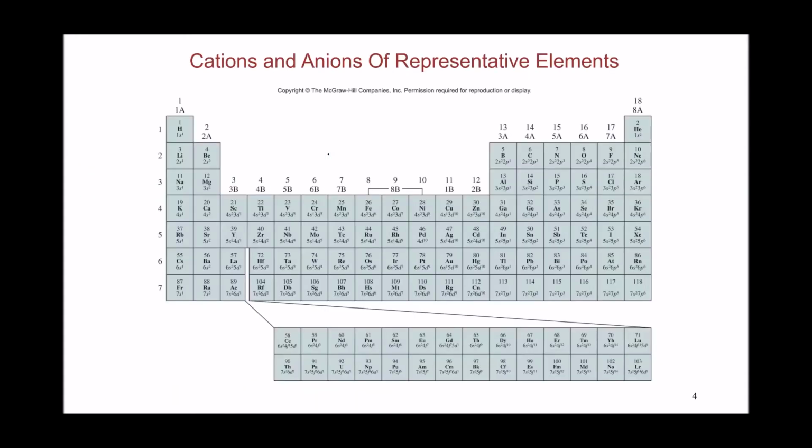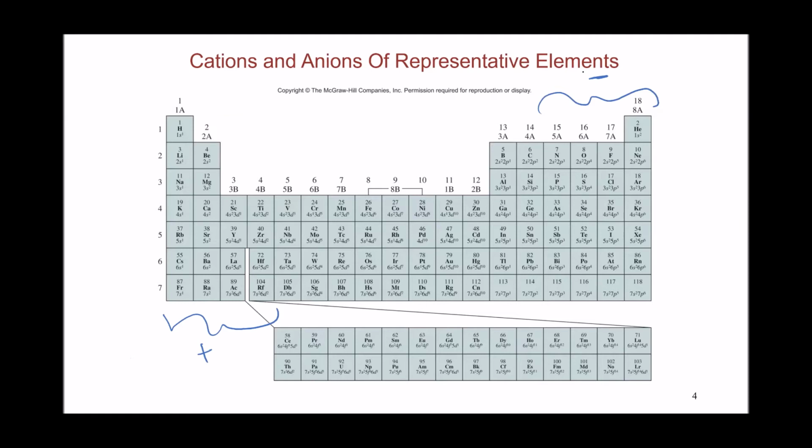And you actually can make a prediction about the charge that you expect for each of these ions. Again, it will depend on the number of valence electrons it will either gain or lose. So left-hand side is going to prefer to lose and become positive. Right-hand side is going to gain and become negative.